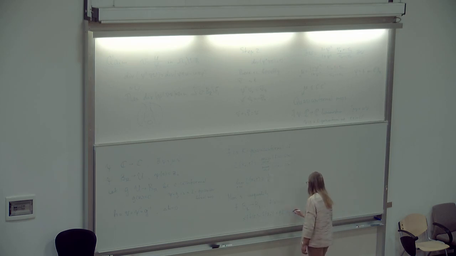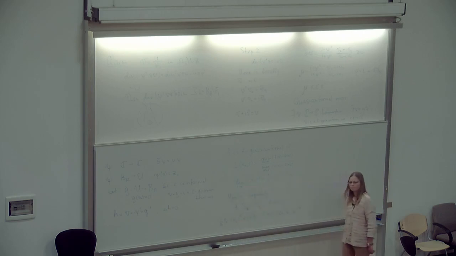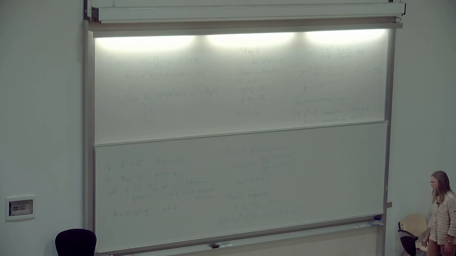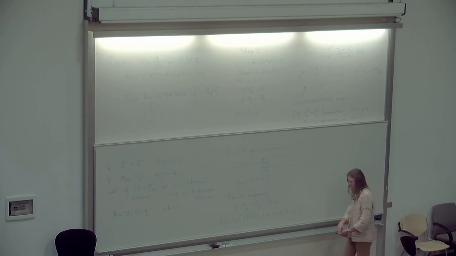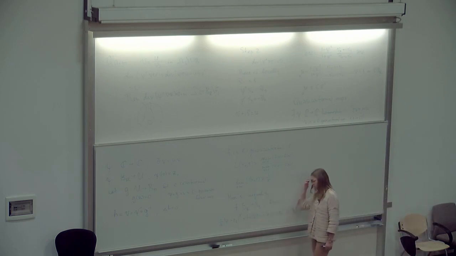Times |z1 minus z2| to the power 1 over k, and 1 over 16 times |z1 minus z2| to the power k. So it's not exactly Lipschitz, but there is some control on the change there.